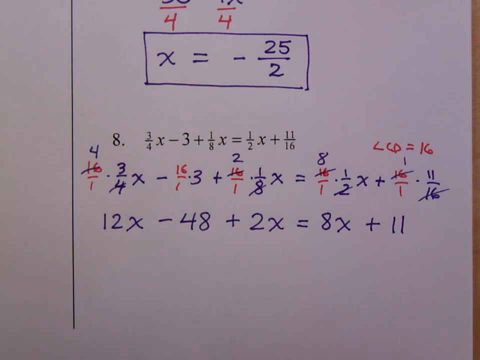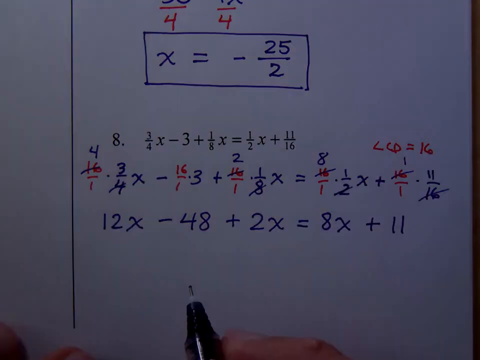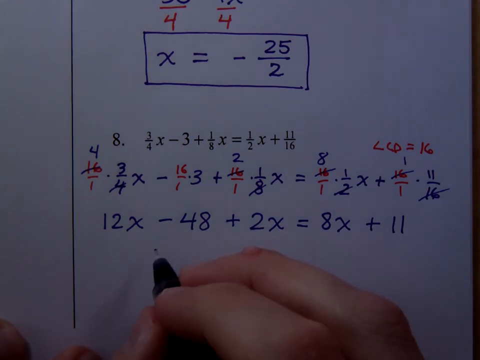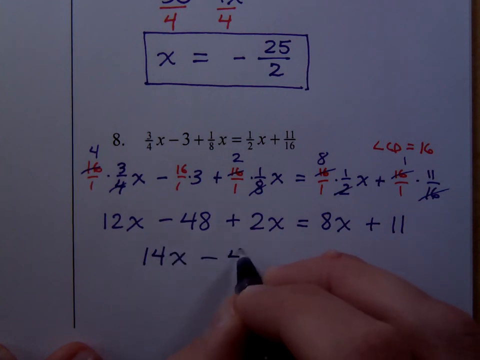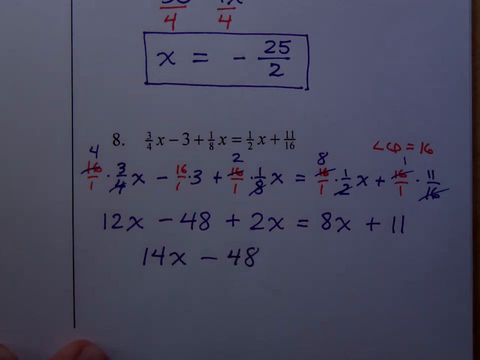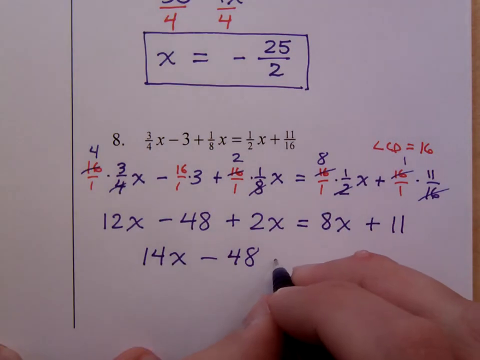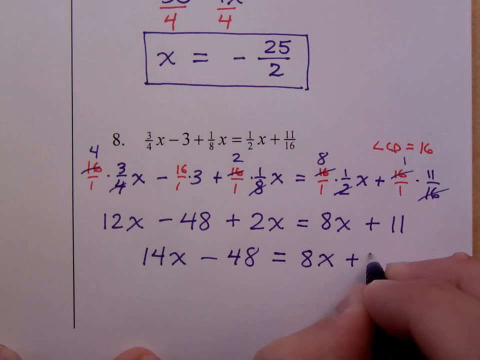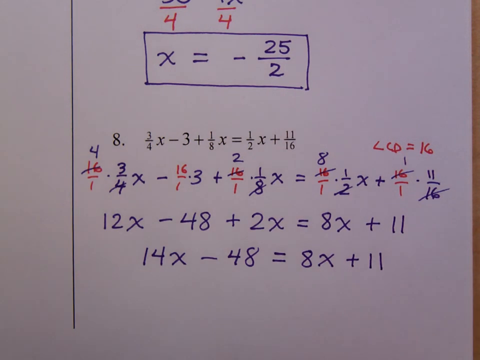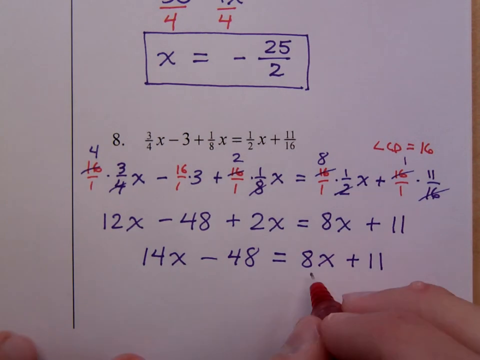Now, if we go ahead and combine like terms, that is going to give us 14x minus 48 equals 8x plus 11. Now again, I want to move my x's so that I have a positive coefficient, so I'm going to move 8x to the left side.